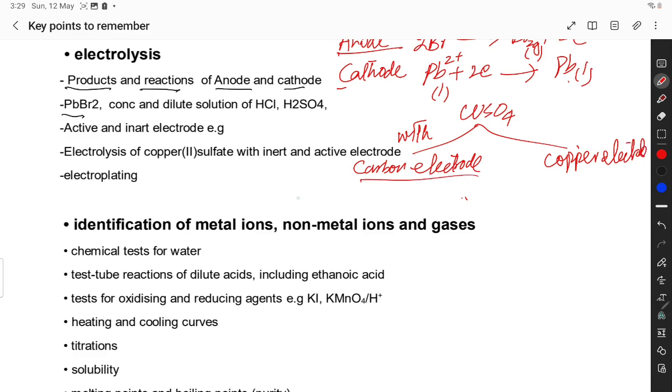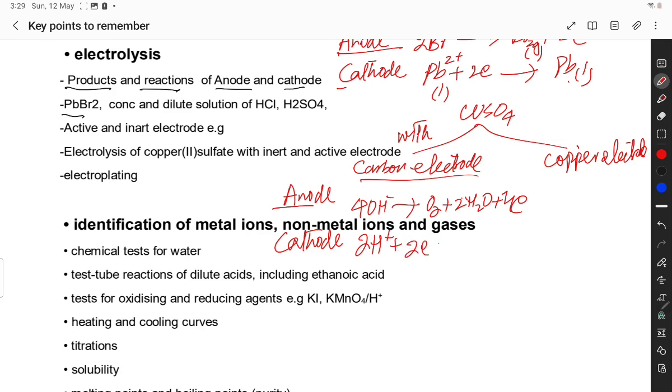With carbon electrodes, the anode reaction is 4OH negative to form oxygen gas plus 2H2O plus 4 electrons. The cathode reaction is 2 hydrogen ions plus 2 electrons to form hydrogen gas.